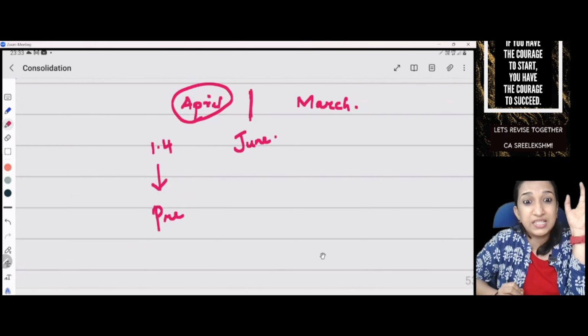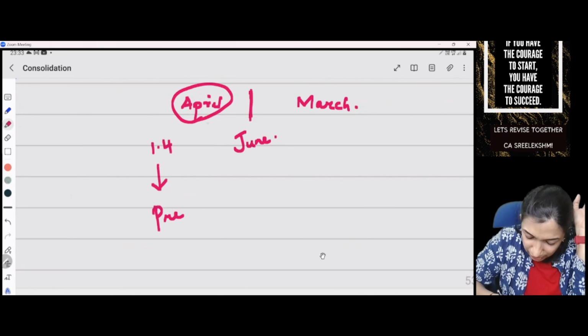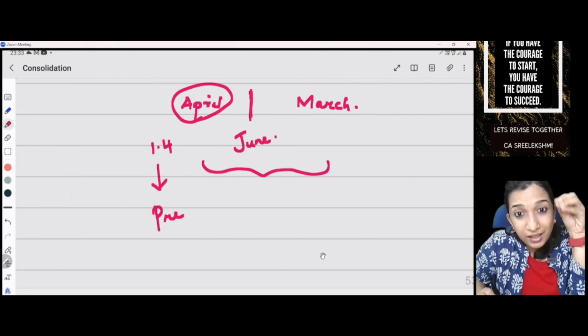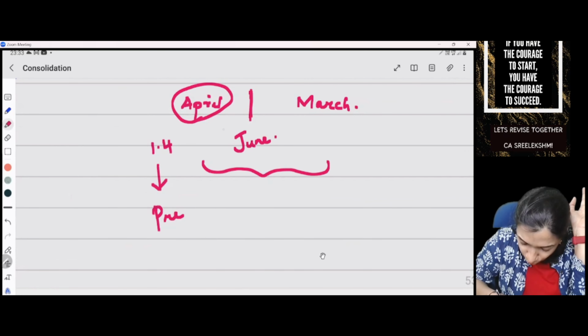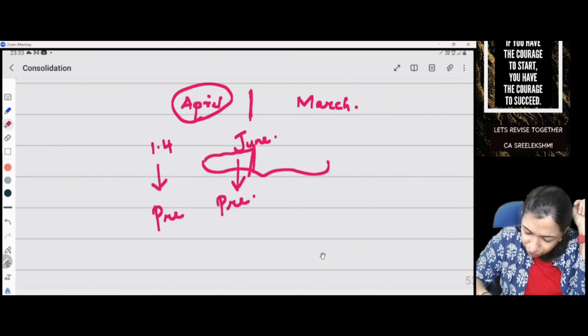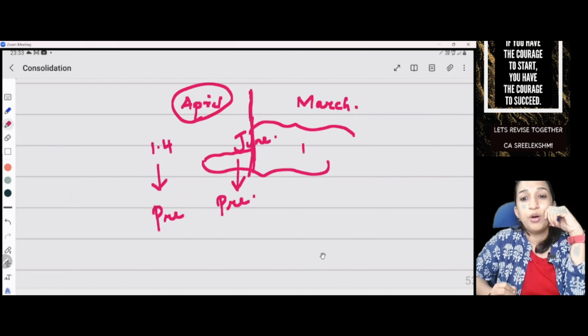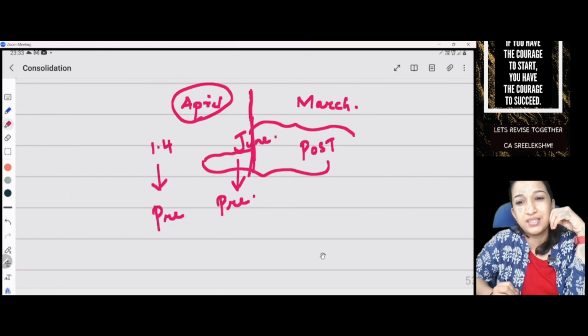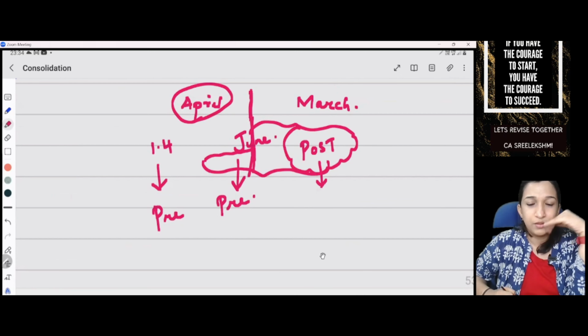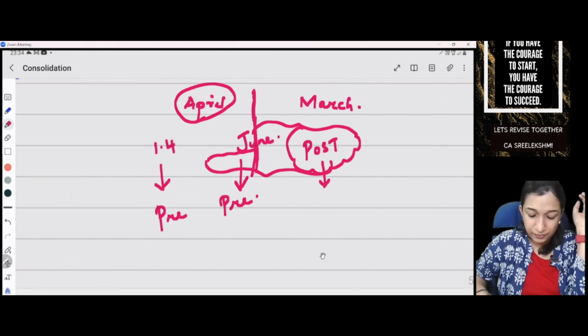Whatever profits are there on 1st April are pre-acquisition. Normally, opening is pre and during the year we take it as post. But remember, during the year up to June will also be considered as pre, and only profits after June will be considered as post. Additional or reversal of depreciation and unrealized profits of the subsidiary will always be adjusted in the post-acquisition profits.